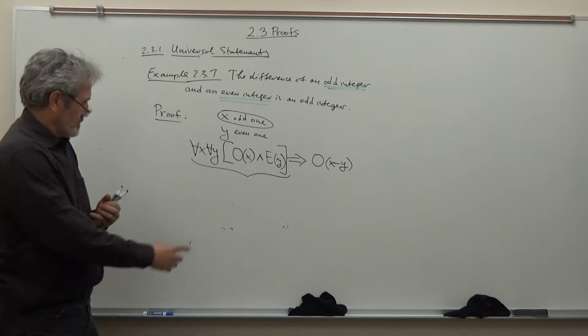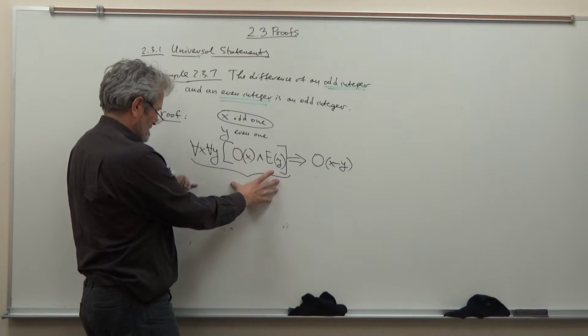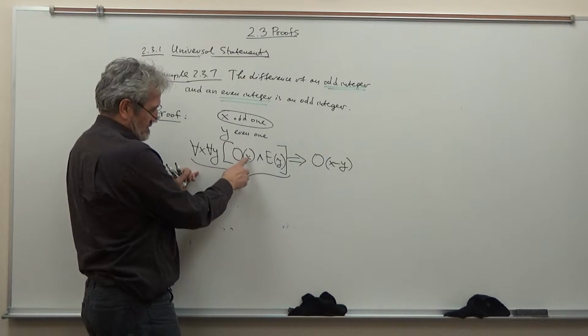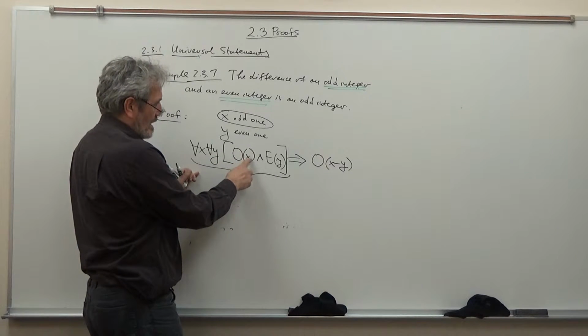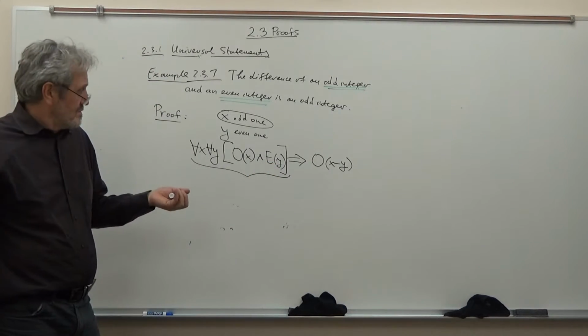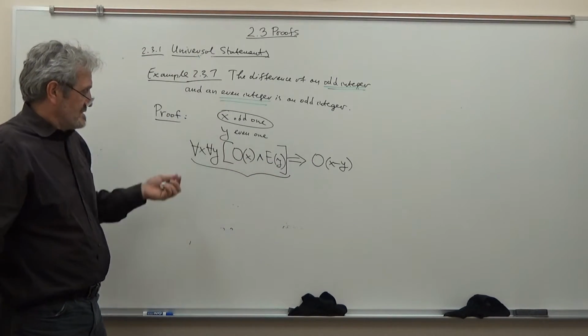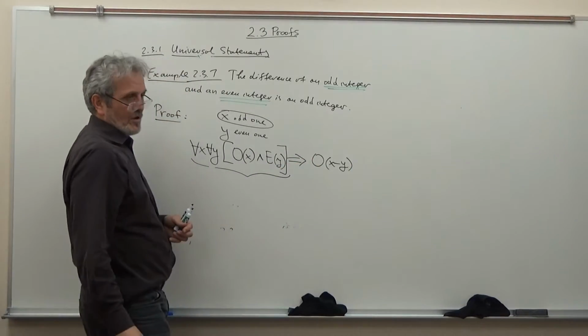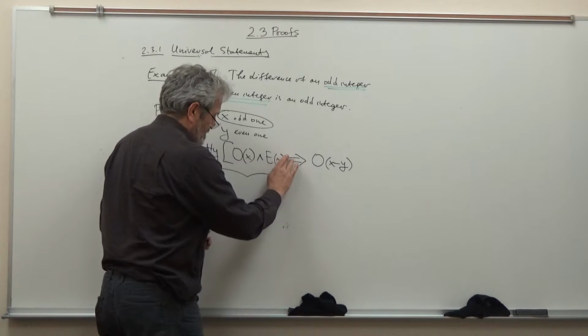Why? Because what this one says is that for every two integers, the first one has to be odd, and the second one has to be even, which is not true. If I choose x to be 6, this is false. False implies everything. This is true always. That's not what it says.